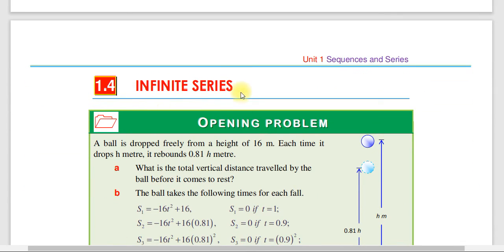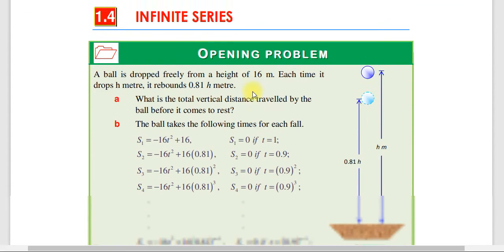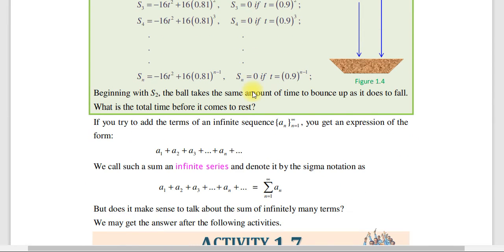The other topic is infinite series. If you try to add terms of an infinite sequence an, starting from 1 up to infinity, you get an expression of the form a1 plus a2 plus a3 up to an plus, and it continues. We call this an infinite series, this kind of summation. So how is this summation expressed?